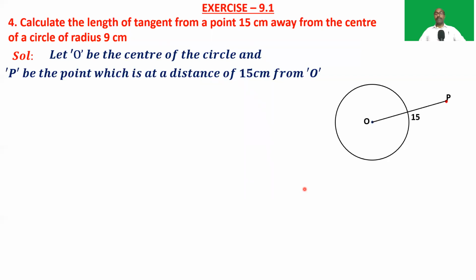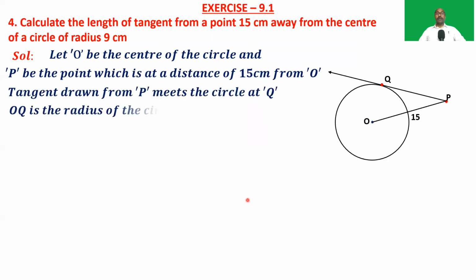Here the distance between O and P is 15 centimeters, and this is the tangent drawn through P where it meets the circle at Q. Now OQ is the radius of the circle, and it's given that the radius is 9 centimeters, and we know that PQ is perpendicular to OQ because the tangent is perpendicular to the radius where it meets the circle.